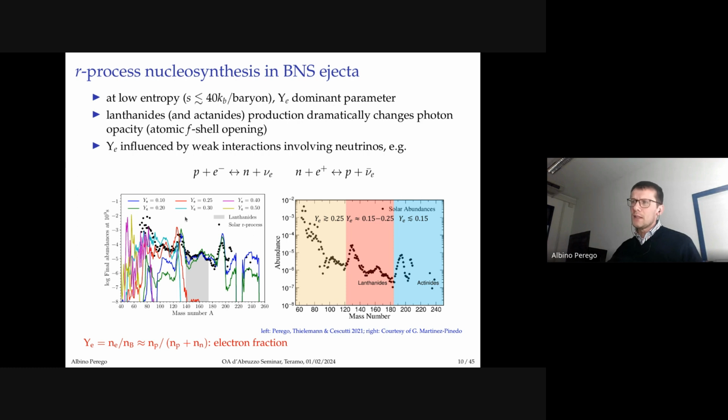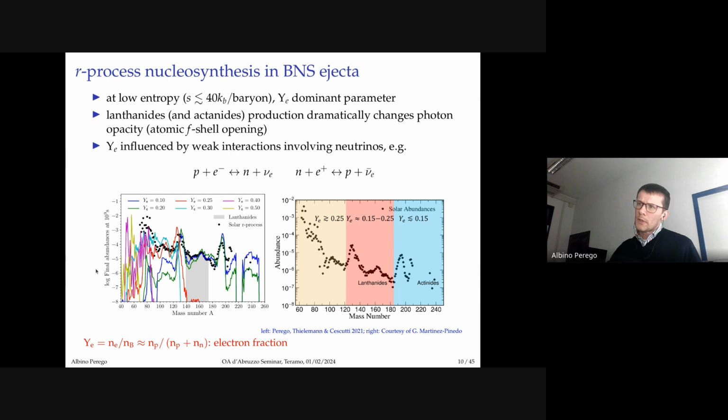So in some sense, as you can see from this plot that I think was actually made for me by Diego a few years ago, if you set in a tracer particle the electron fraction, more or less irrespective of the other parameters like entropy and expansion timescale, you get a different element production pattern.